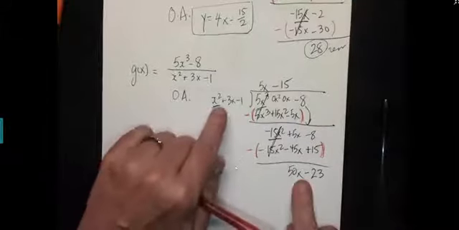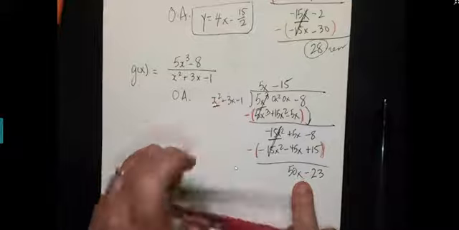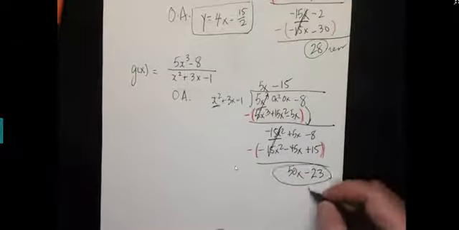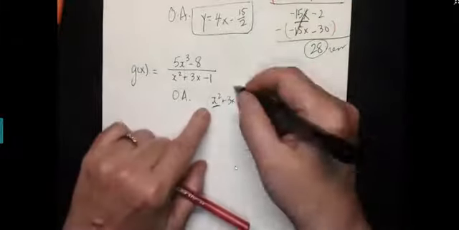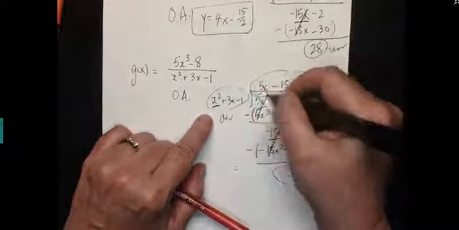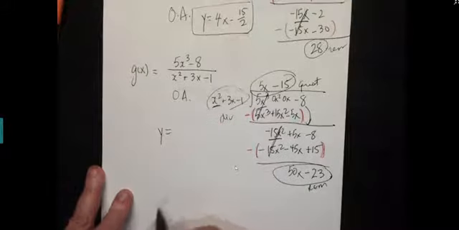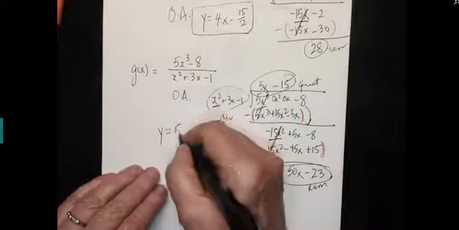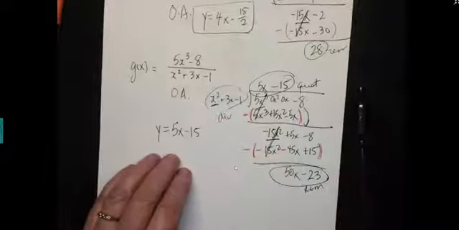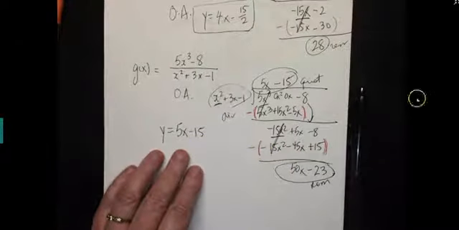And this has degree 1. It's smaller. This has degree 2, so I'm done. This is my remainder. That's my divisor. This is my quotient. And so the equation for my slant asymptote is y is equal to the quotient. And again, we'll check this one, and then that will end the video.